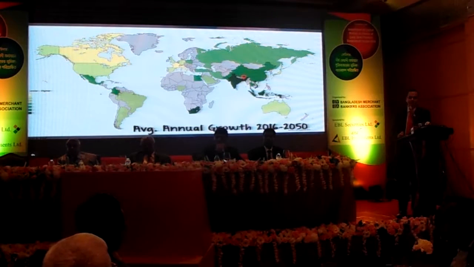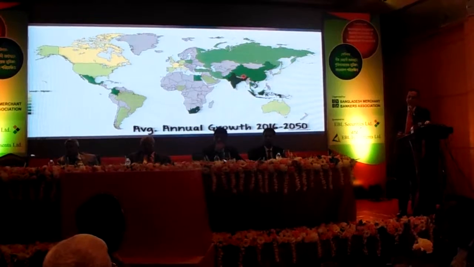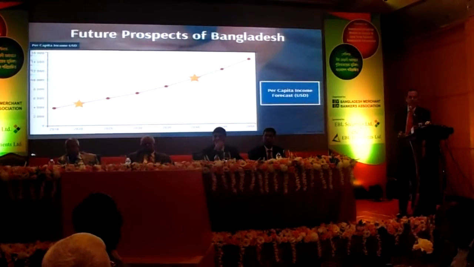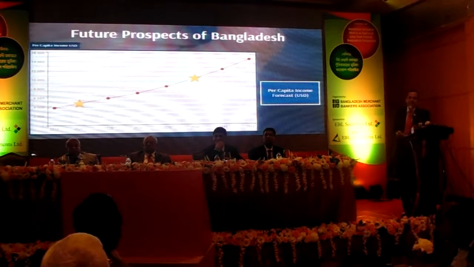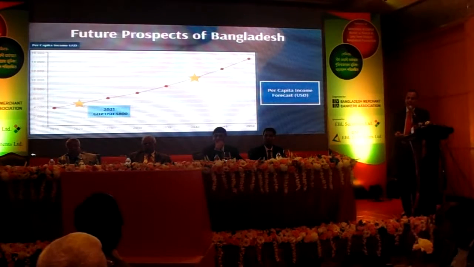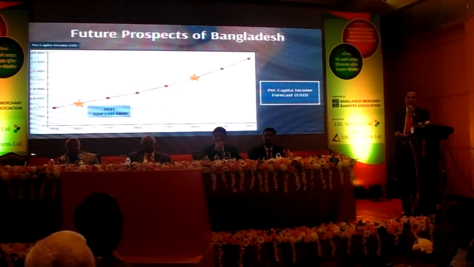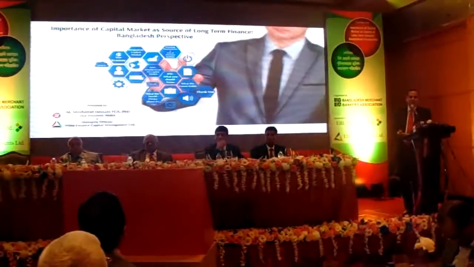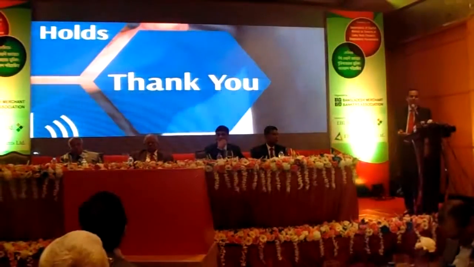This study was also made by PwC. And at the conclusion, I want to share a dream of achieving per capita income of US $4,800 by 2021 and US $10,500 by 2041. And that's all about my presentation. And thank you very much.